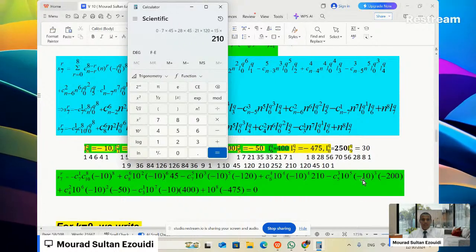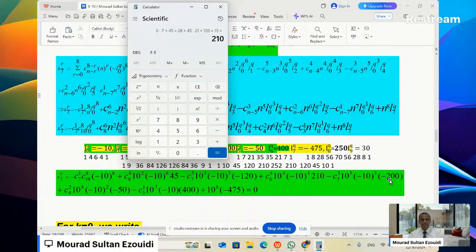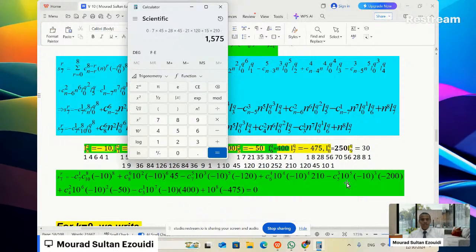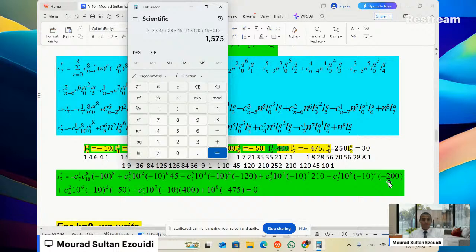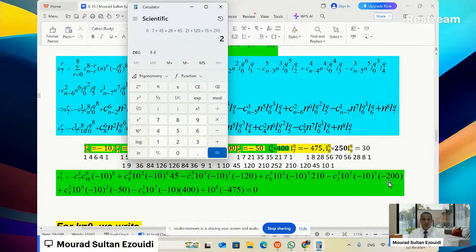Then minus, multiplied by minus is negative, 5 choose 3 is 10, so minus 10 multiplied by 200, which should be minus 2000.